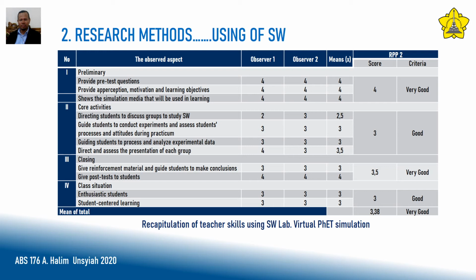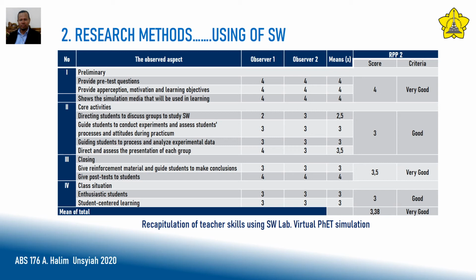If we see from two observers, observer 1 sees the preliminary step, all activity is very good, and then core activity, directing and presenting his group is very good, only directing students to discuss in groups to study SW is lacking, but good.